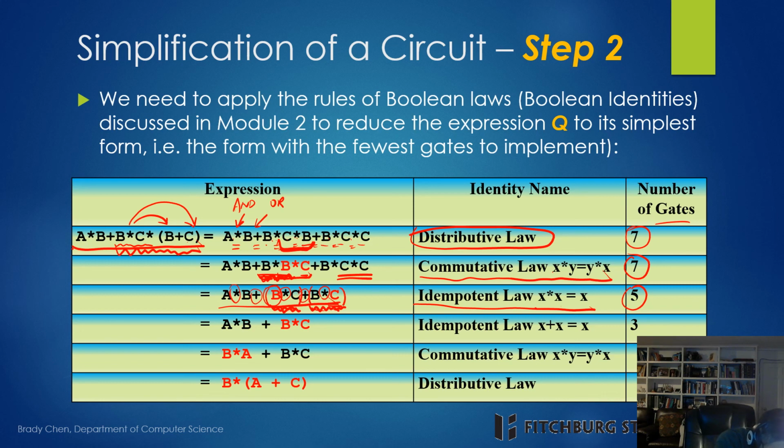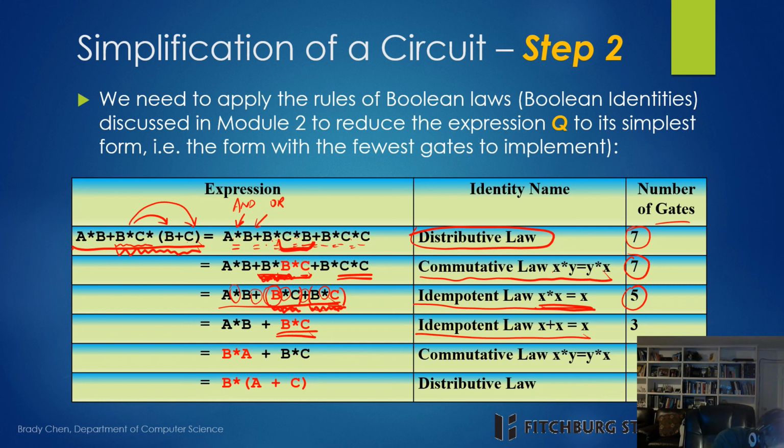So I can apply the other version of the idempotent law, which says X plus X equals X. So now here X is B times C, and so we have B times C plus B times C. So we can actually reduce the number of B times C from 2 to 1. Okay, so that's the other version of idempotent. The first one is called AND form. The other one is OR form. Okay.